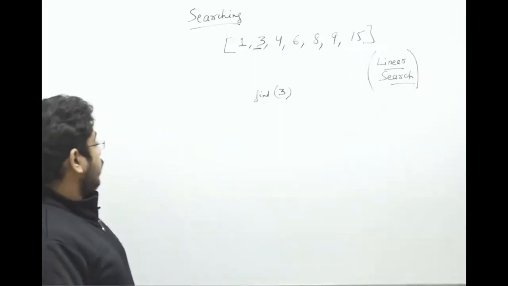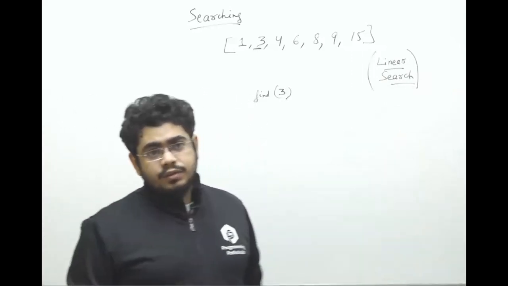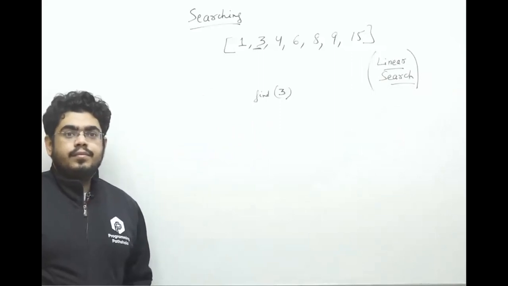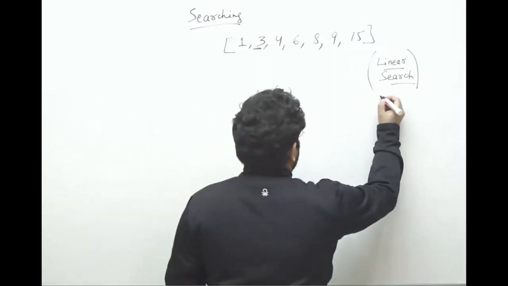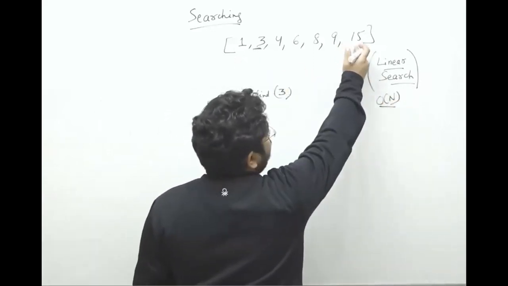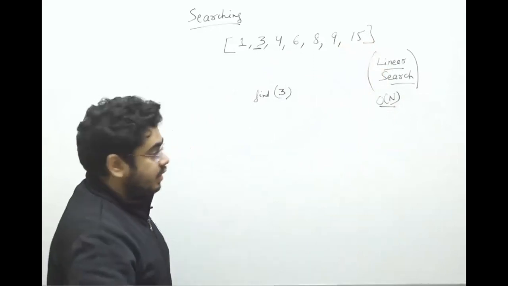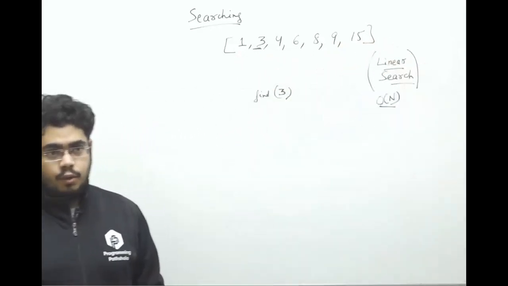Okay. What is the problem here? Can you tell the time complexity of this linear search? Right. Essentially, it is O(N), because in the worst case, your answer could be at the end or could not be present. So you are going to go over all the elements, which is essentially O(N).